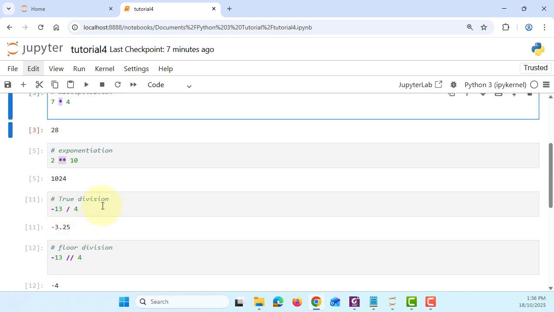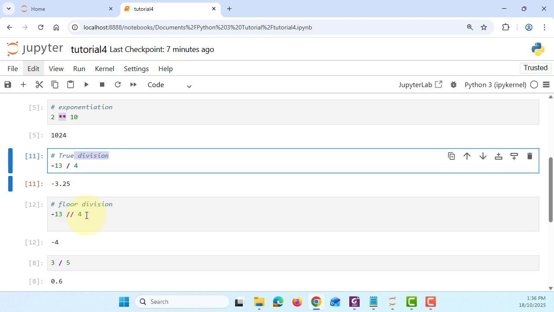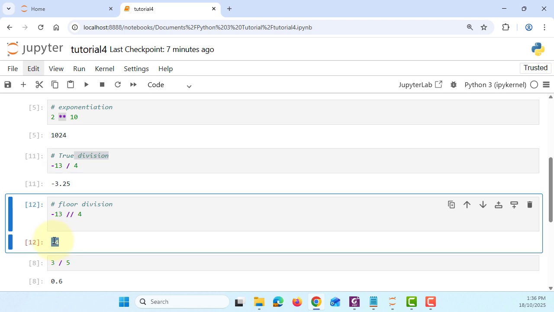And then natural division, something we know as division. And then here, floor division. It will return the nearest integer value, but not greater than the value. That value here is minus 4, not minus 3, if you remember that one.